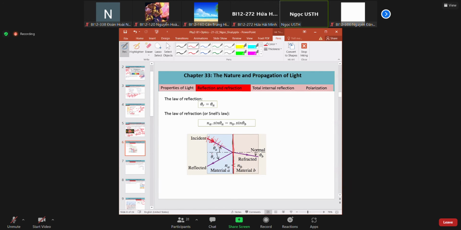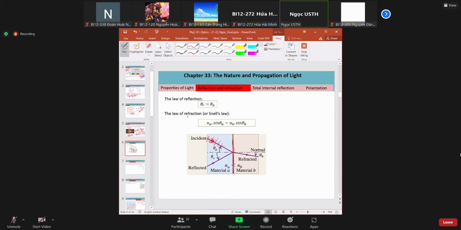The normal here is the line perpendicular to the surface. For sure you are much better than me at remembering those equations. Here is the law of reflection.